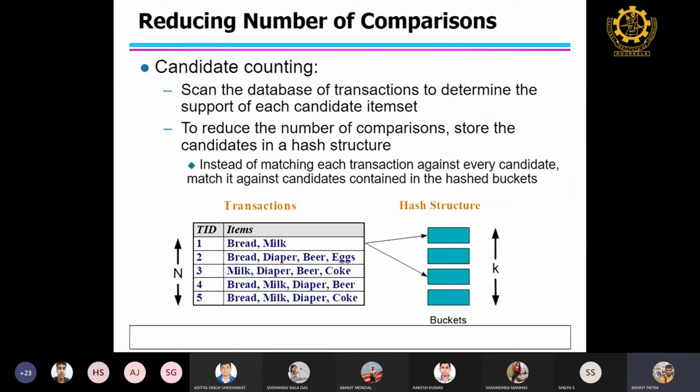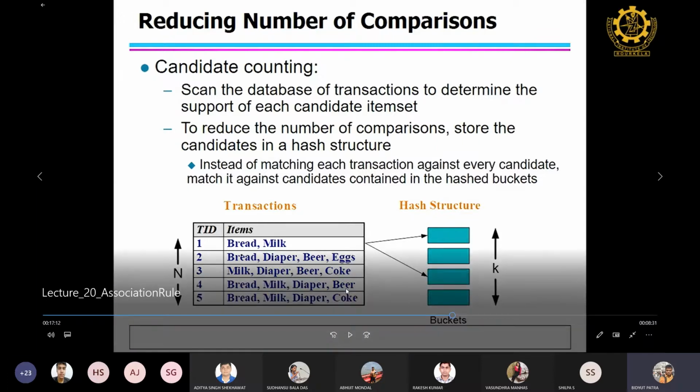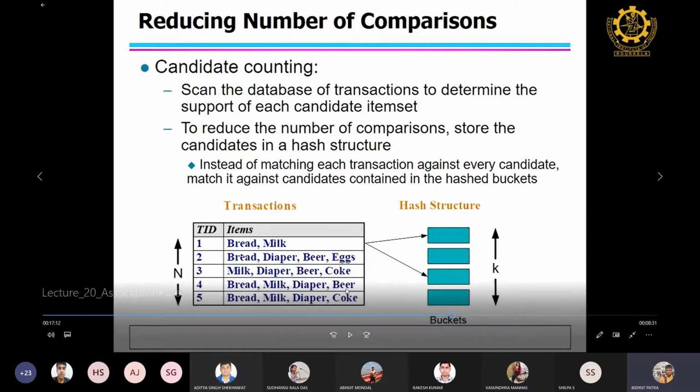Now, how to count the number of occurrences of each item. Here I must mention one thing: this slide has been taken from the Tan, Steinbach, Kumar slides. You can say hardly any change, maybe little changes, but it is mostly from them, because it is in the public domain, so I need to acknowledge their contribution.